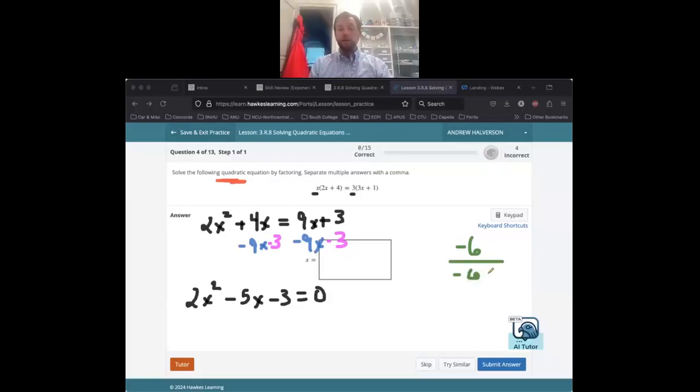Well, that's negative 6 times 1. So I break this up. This minus 5x becomes minus 6x plus 1x. And then I just bring down the 2x squared and the minus 3.